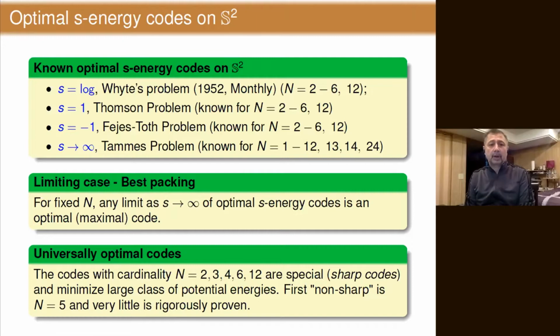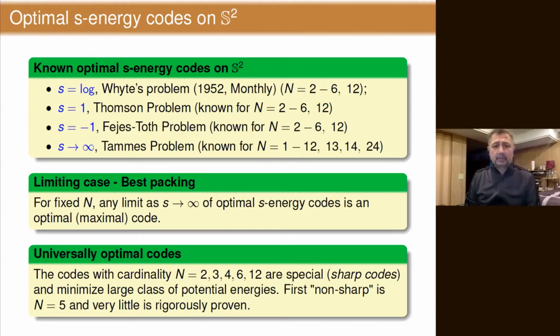The Thomson problem, which is when s is 1, is also known for these values. The Fejes Tóth problem, when s is -1, which is to maximize the sum of all possible distances, and I should say that the distances are Euclidean distances, is known for the same values.